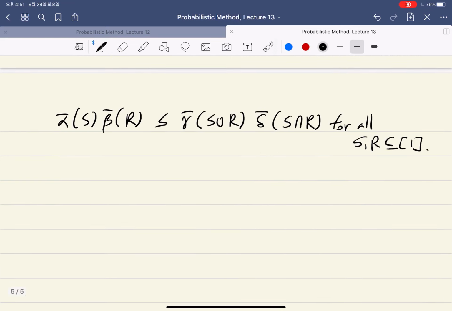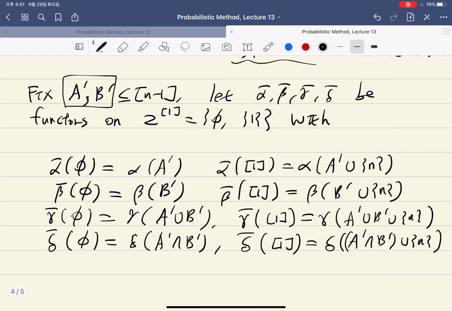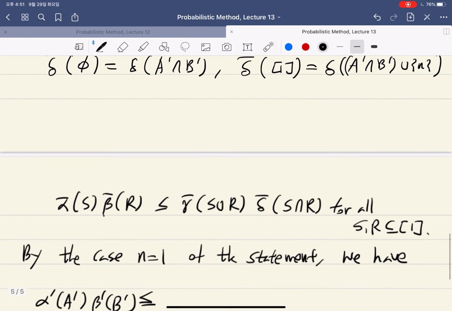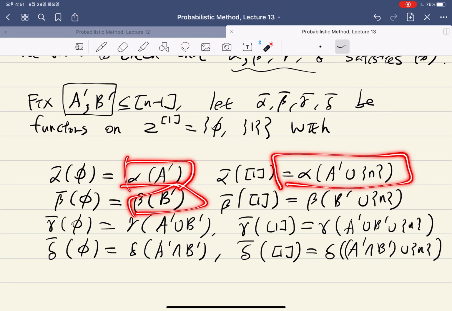Then, by using the case n equal to 1 of the statement, which we already have proved, what we know is that alpha prime of A prime and beta prime of B prime is exactly the summation of these two times the summation of these two.